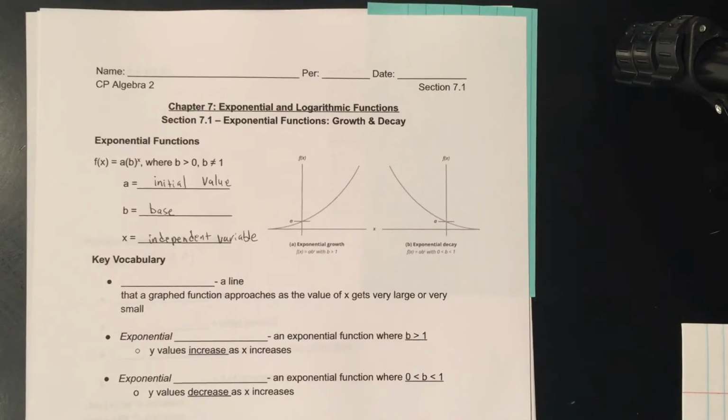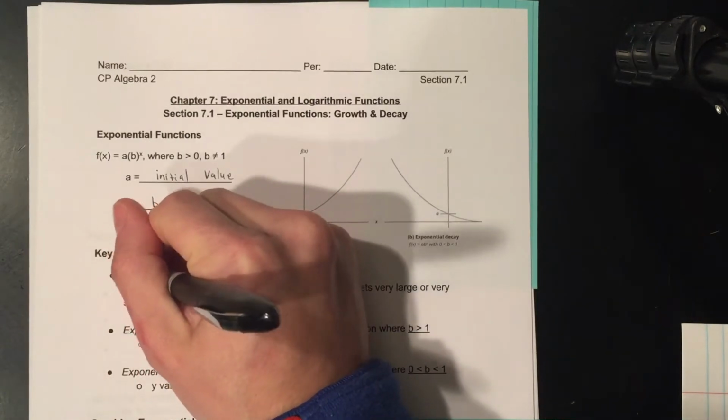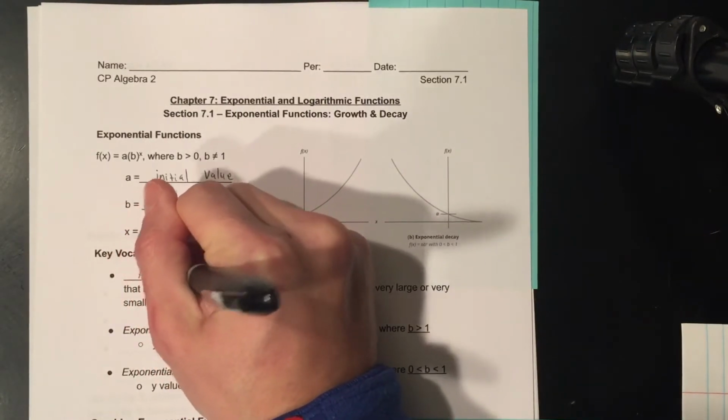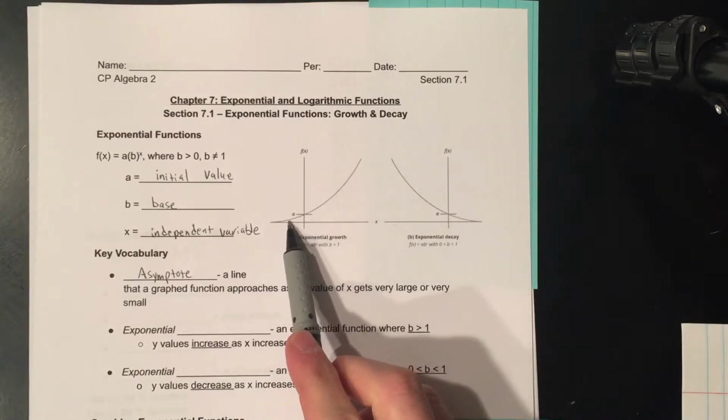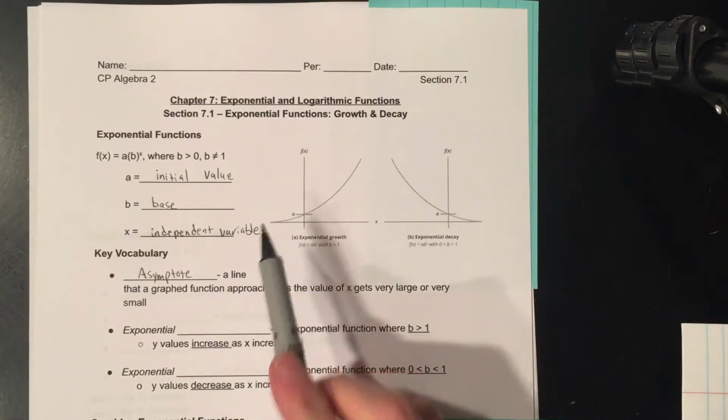Key vocabulary when we look at these graphs is something called an asymptote. We can actually see this in our faint picture up top. An asymptote is a line that a graph function approaches as the value of x is very large or very small, but it never actually hits. This graph looks like it hits the x-axis, but it really doesn't.